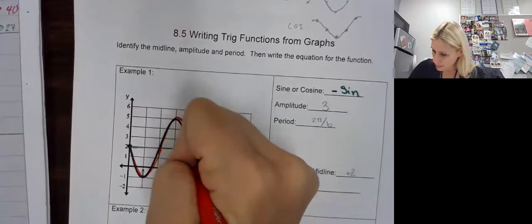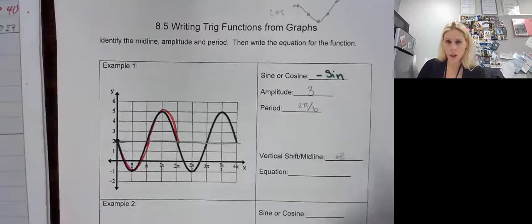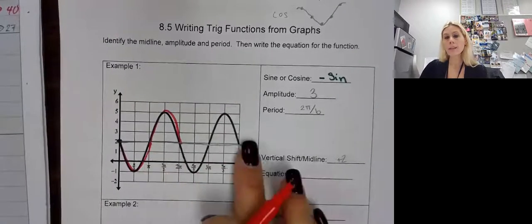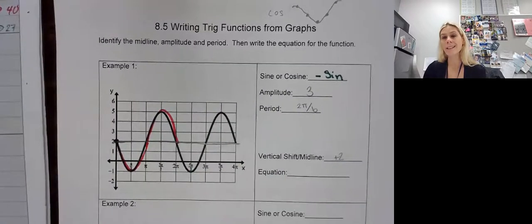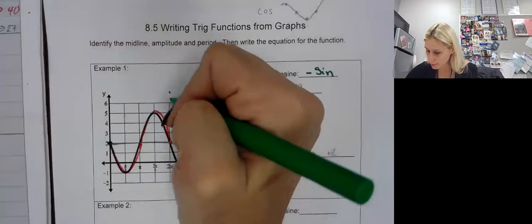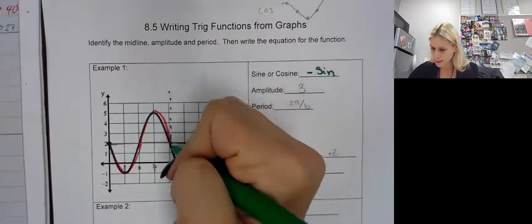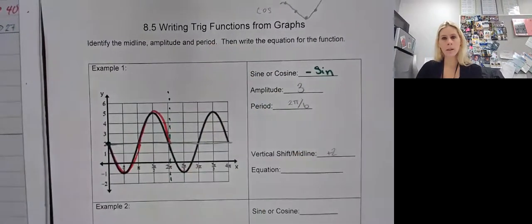That means this is my third. Okay, so as you can see, this graph actually has 2 periods in it. But when we're talking about the period, we want to talk about 1 period. So do you guys see that the 1 period is at 2 pi?